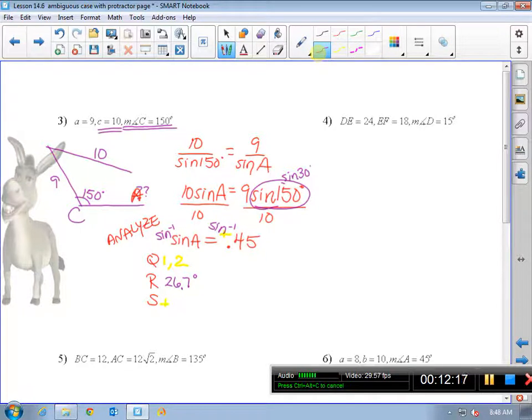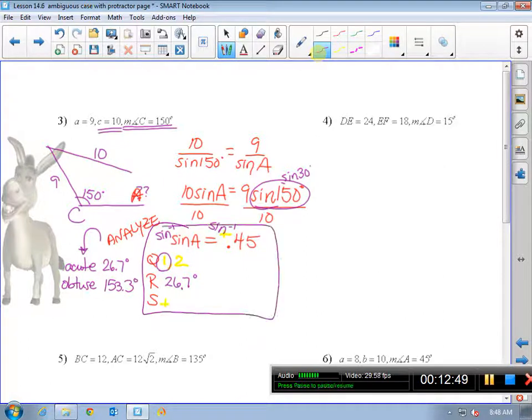So that would be the reference angle and the answer in quadrant 1, the acute answer. And the obtuse answer, remember we just subtract from 180. So I have 153.3 degrees.